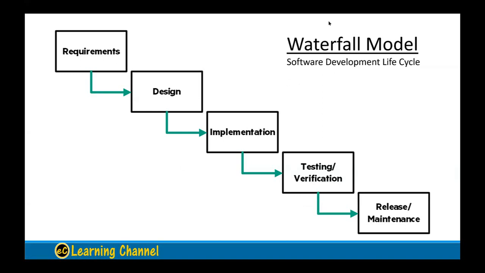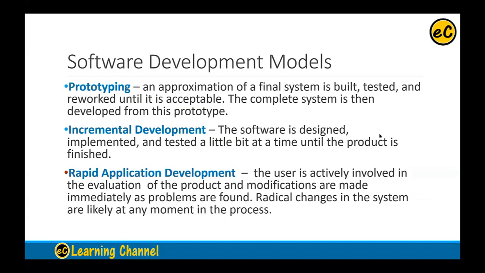So you also may have this waterfall model from requirement, design, implementation, testing to maintenance, okay? You need to remember this word, waterfall model. So software development models include prototyping, incremental development, and rapid application development. Prototyping means that when you need to design a final system, before the final system can be built and tested, we build a prototype, a smaller system or a basic system to support the idea.